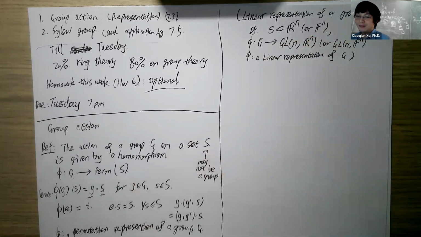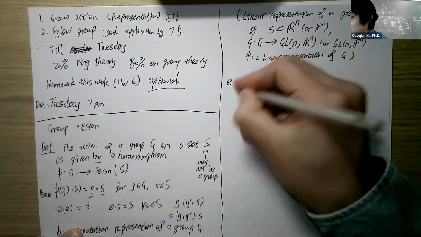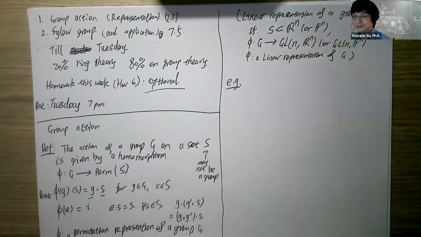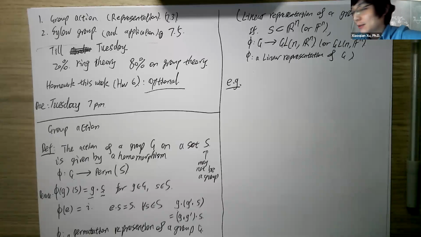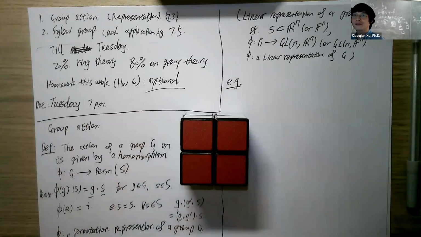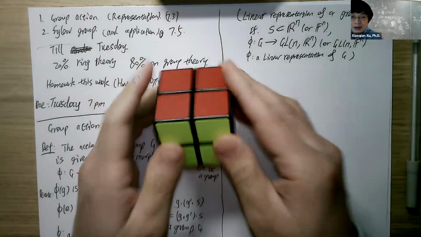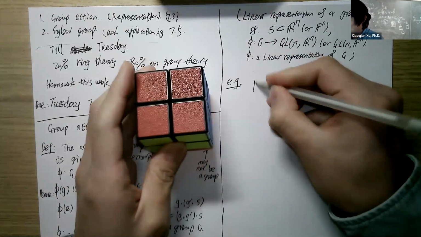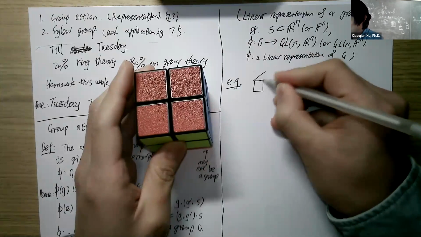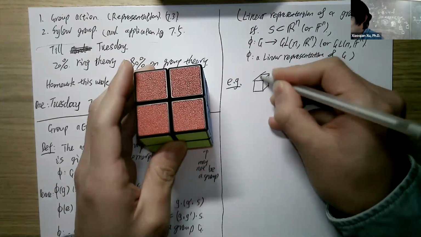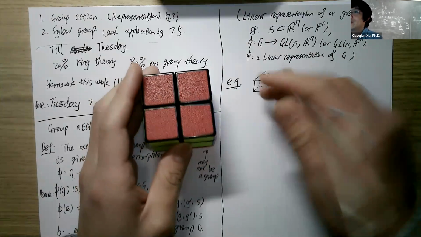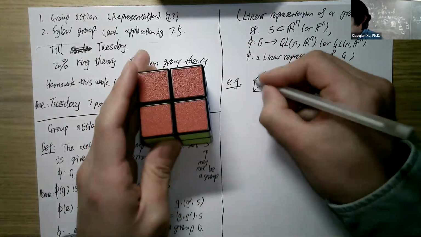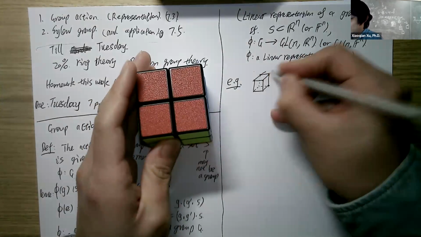So this is the group action. Of course, this is very abstract, so let me give you some example. For instance, we have the magic cube here. As we mentioned before, playing a magic cube is more or less like this: you have a cube, and on each vertex you have a number.